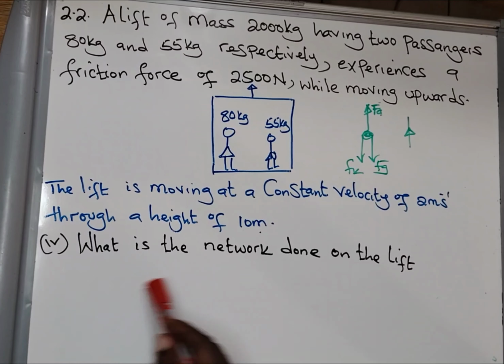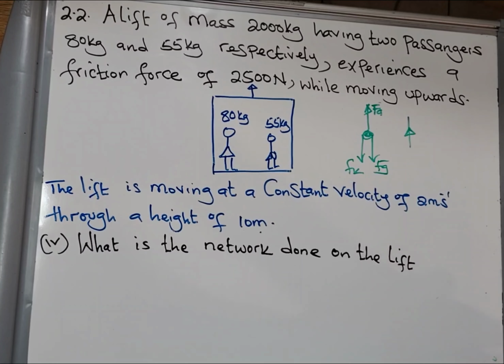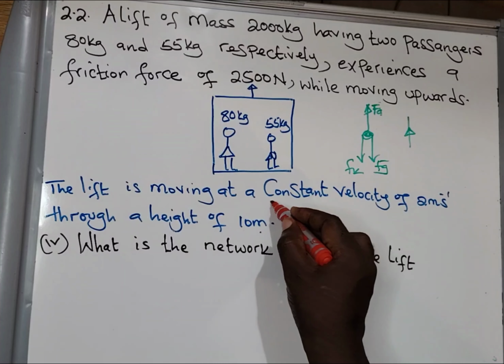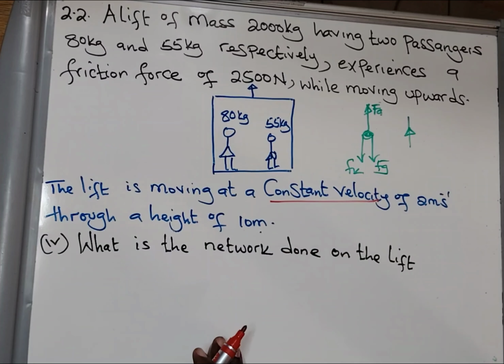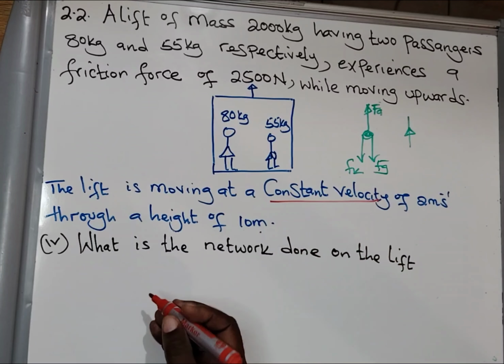Then comes this question, saying what is the net work done on the lift? To go about this one, you have to look at this statement: constant velocity. What does constant velocity mean?